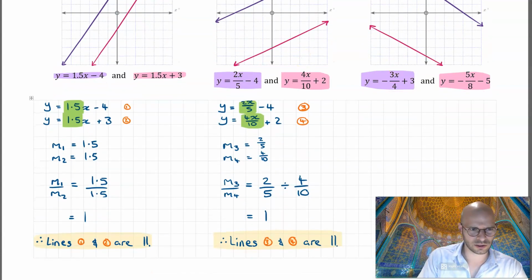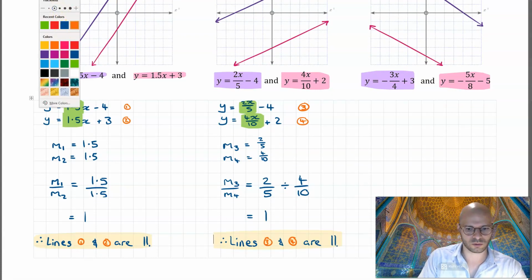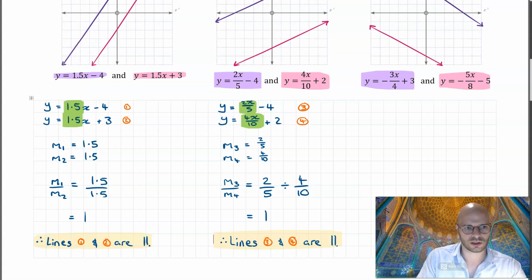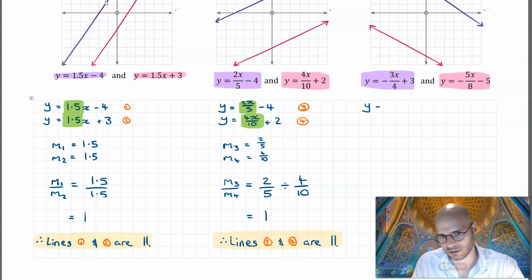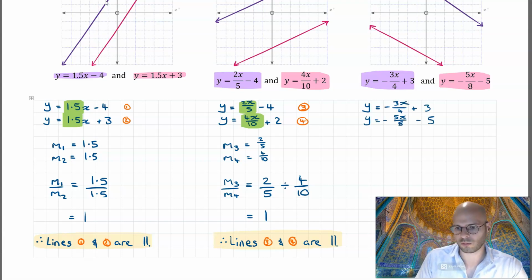Alright, final one, C. We have a new system of equations. Let's see what we get. We've got y equals minus 3x over 4 plus 3 and y equals minus 5x over 8 minus 5.